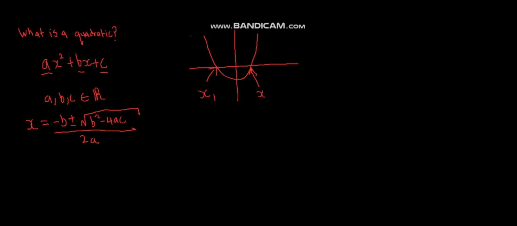So notice the x subscript 1, x subscript 2. This case, we call this case 1, denotes where the quadratic intersects the x-axis 2 times, or when you use the quadratic formula, you will get 2 solutions.